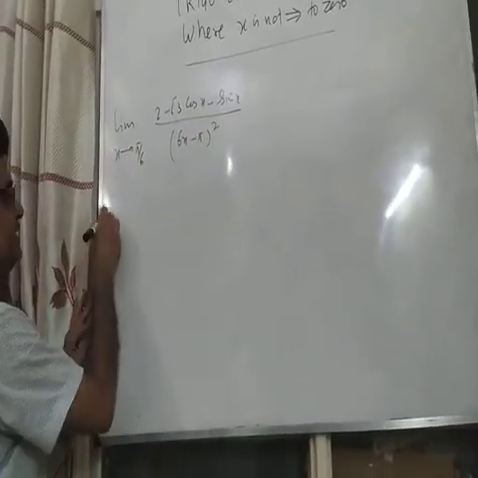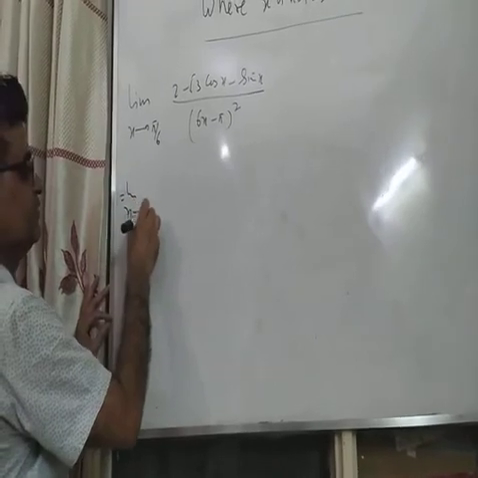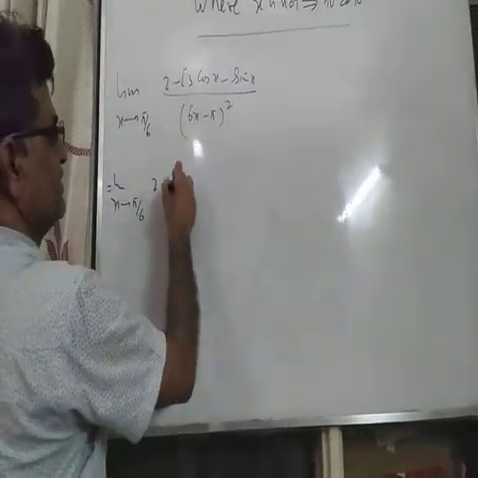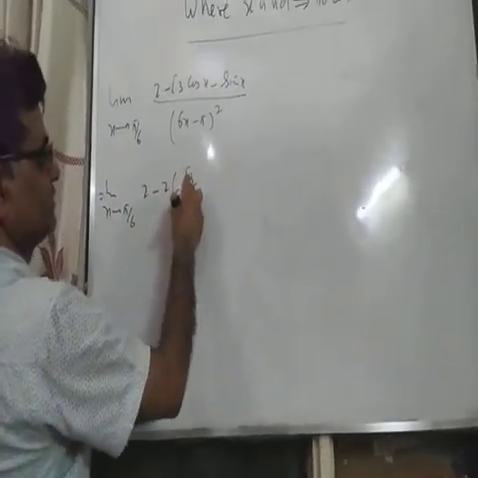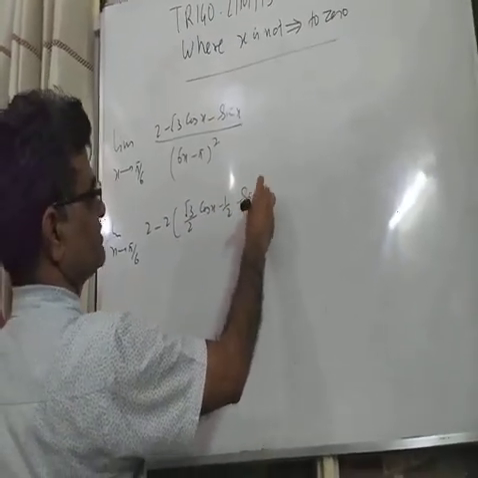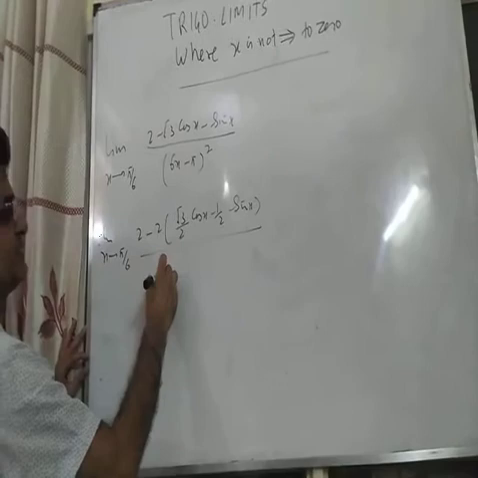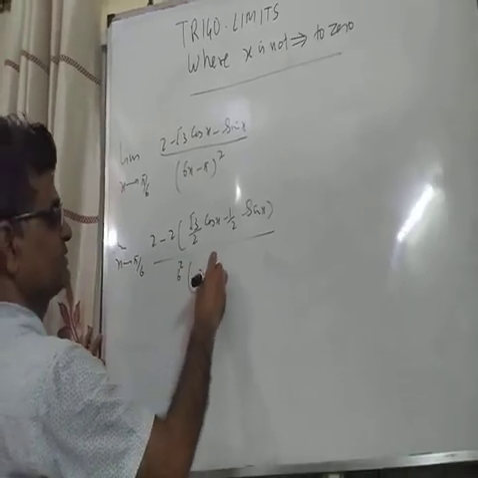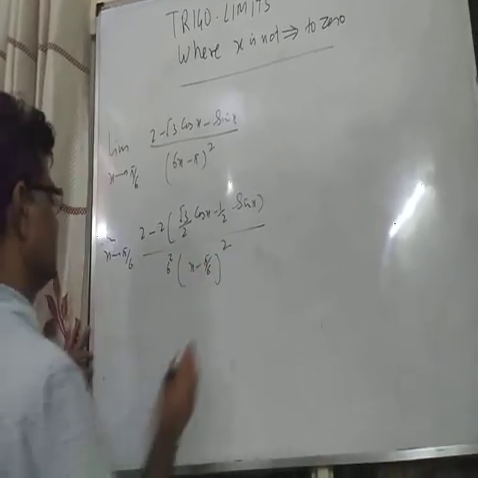So we can see it here. Limit x tends to pi by 6, 2 minus, we are writing 2, root 3 by 2 cos x, minus 1 by 2 sin x. Here we can take 6 common, so (x minus pi by 6) whole square.